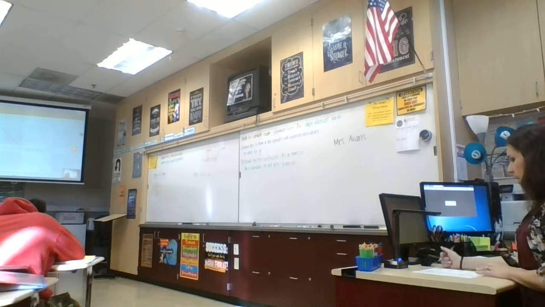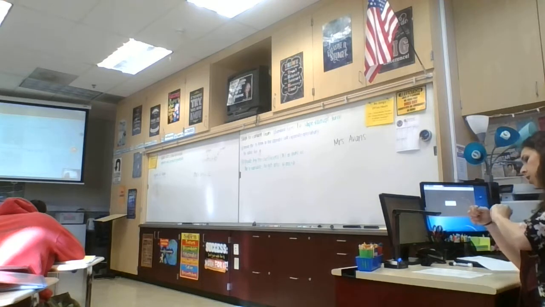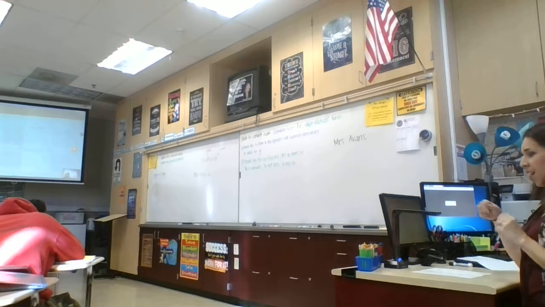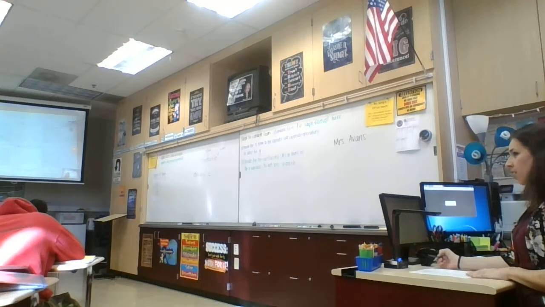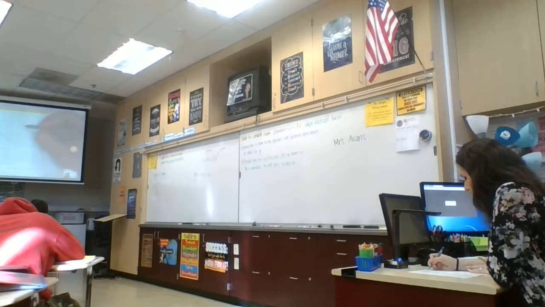Go ahead and take a look at number 13. So what is the first thing that I need to do to get y by itself for number 13? Subtract 5x, right? So I've got subtracting both sides by 5x.